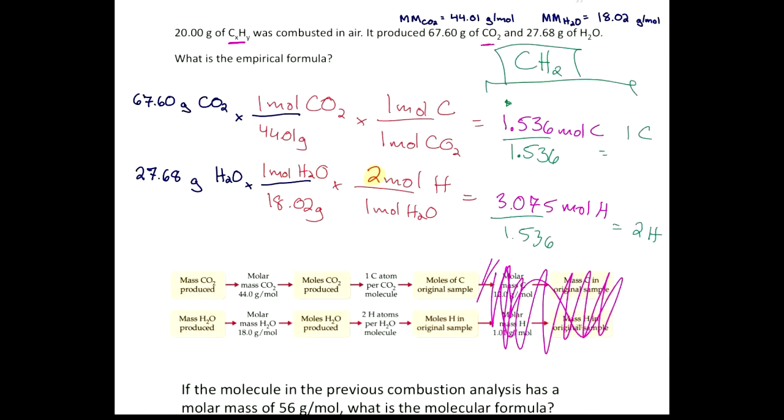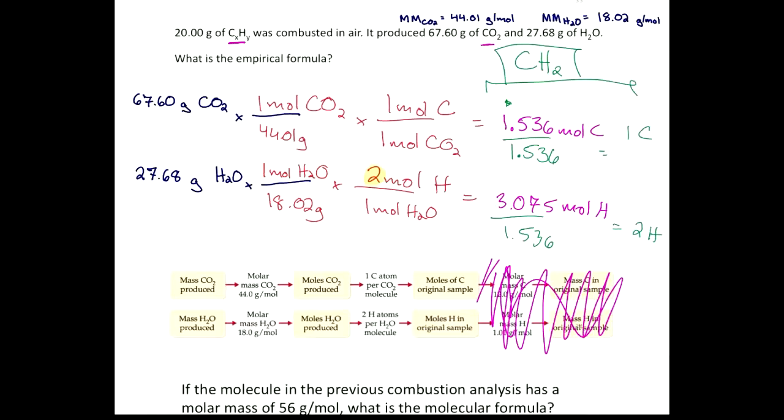All right, any questions? All right, so I teach it this way where I show empirical formula from percent composition and then again with combustion analysis because I want you to recognize it's basically the same question. If you know one of them, it's very likely that you know how to do both of them, right?